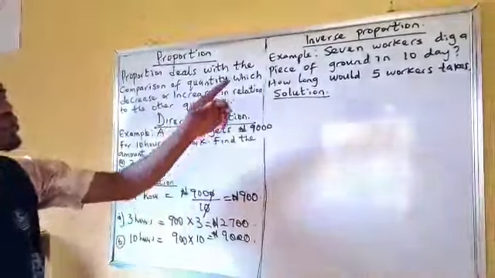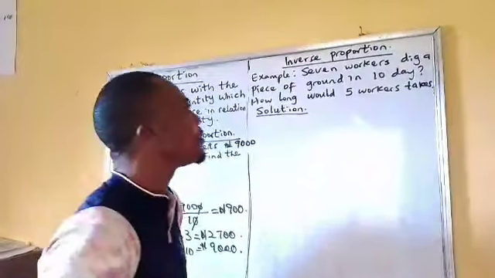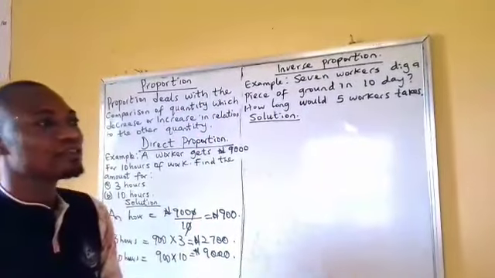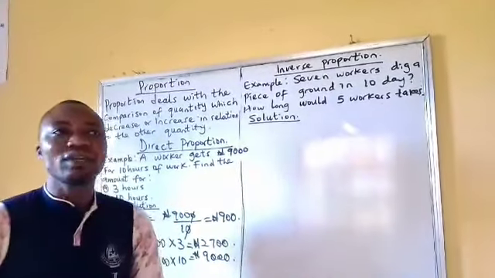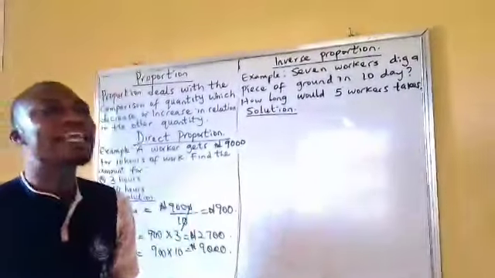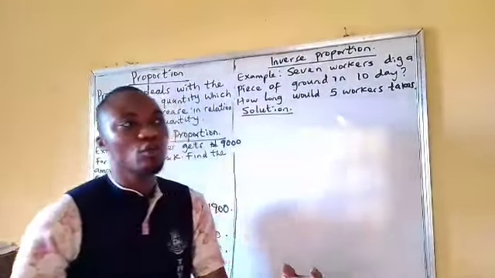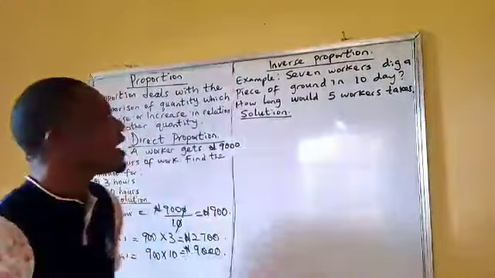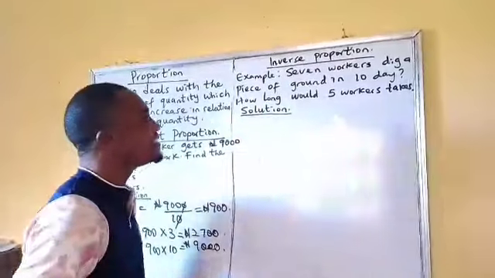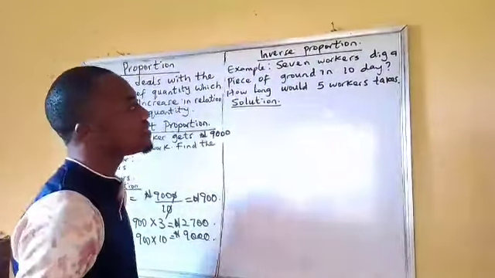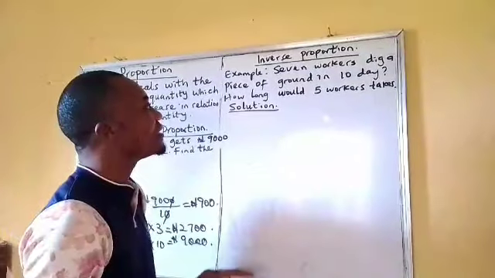Now let's go to the inverse proportion. This one is a result of one quantity increasing while the other decreases. The higher the workforce, the lower the time taken to do the work. Now, 7 workers dig a piece of ground in 10 days.